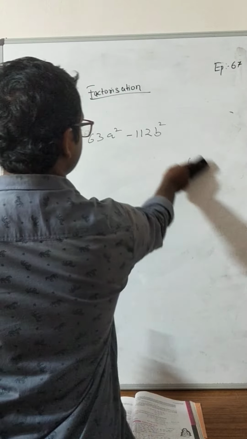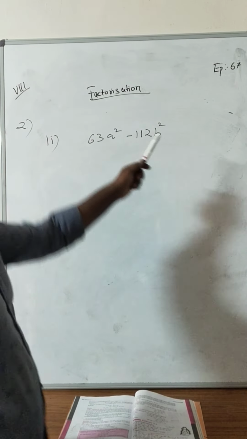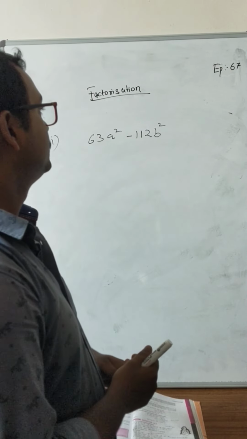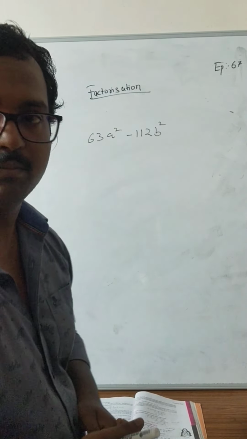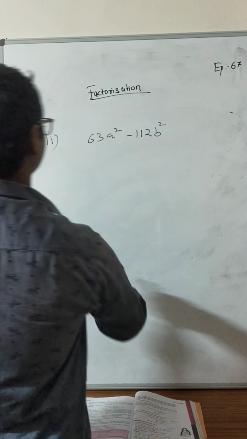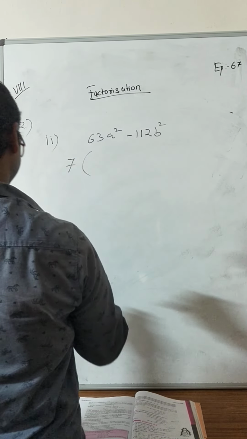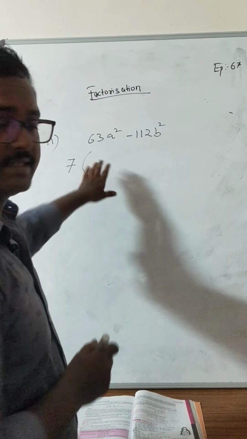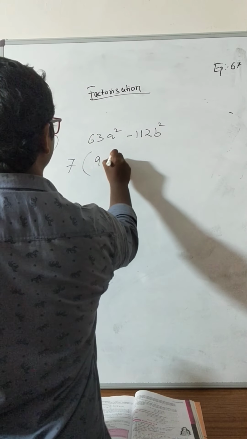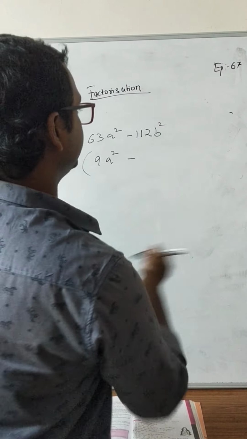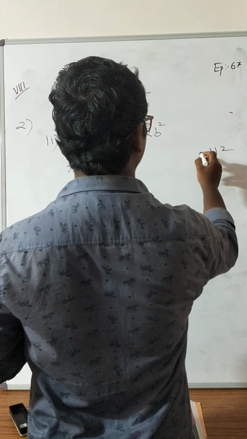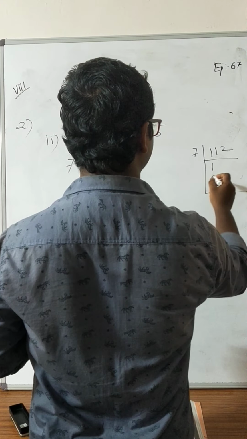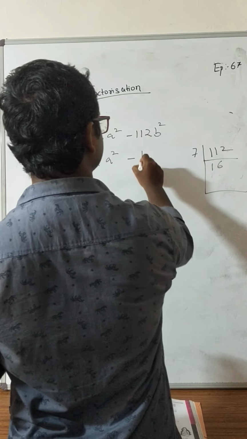Okay, see, in this question what I am going to do is take 7 as common. Now why 7 as common, I will tell you. Once I have taken 7 as common, what I will get here is 9a square minus, if I divide 112 by 7, I will get 16, so 16b square.